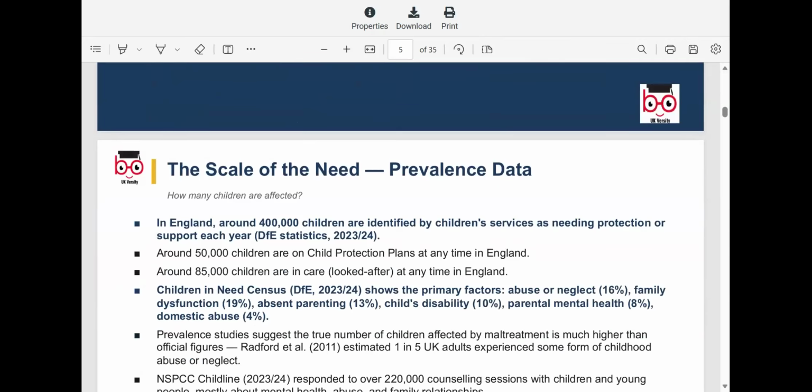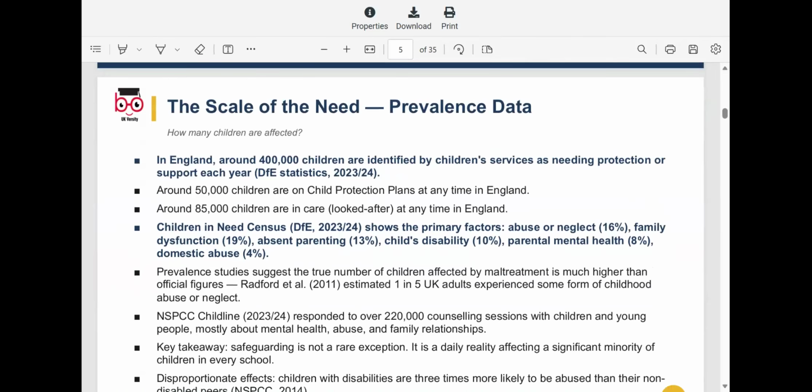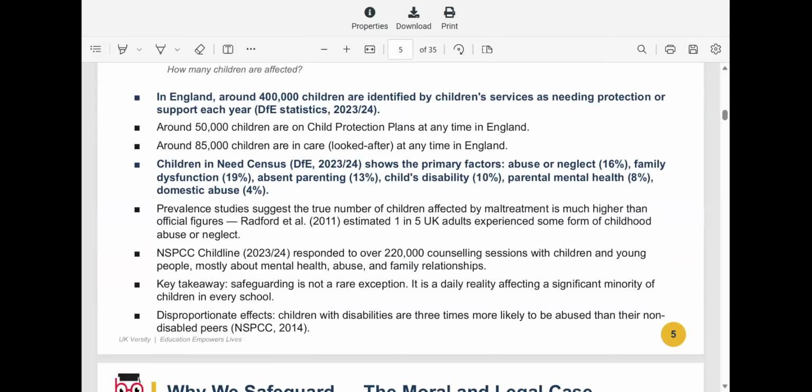So the next one is the scale of need and prevalence data. So it's really important. Globally, more than 1 in 10 children and adolescents, equivalent to 293 million, live with diagnosable mental disorders. And that's people that needed protection and support.